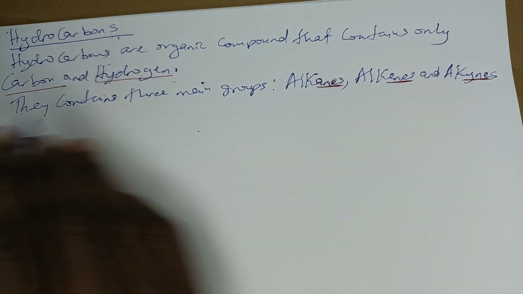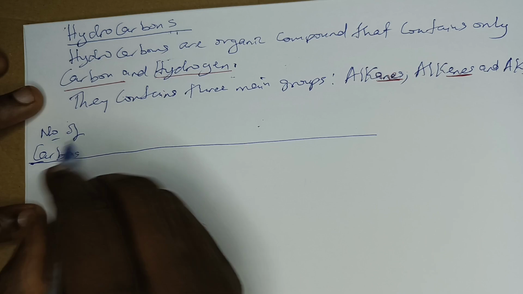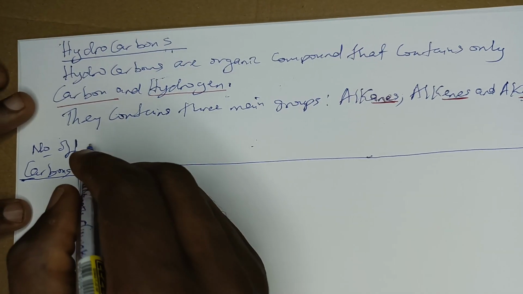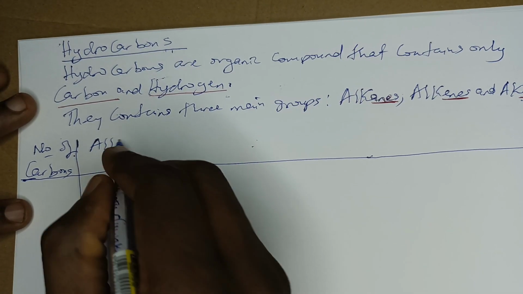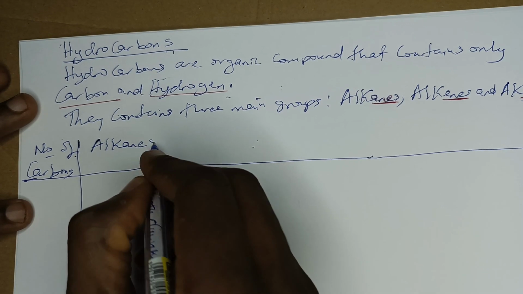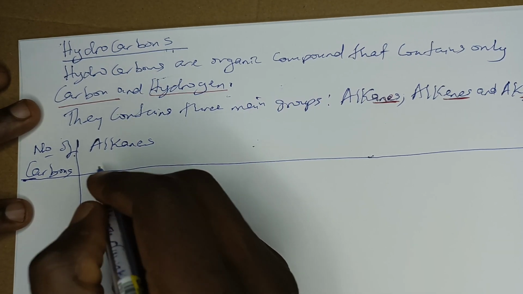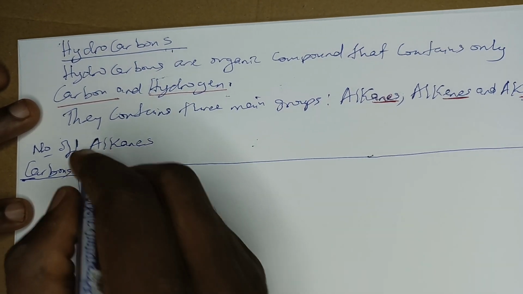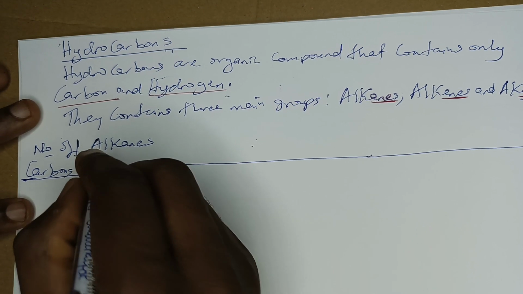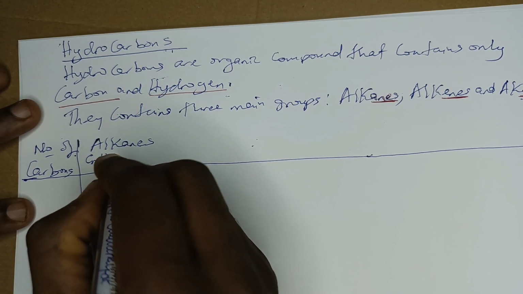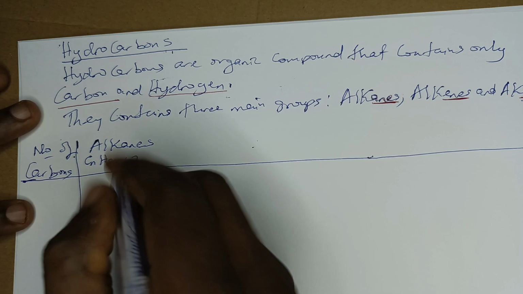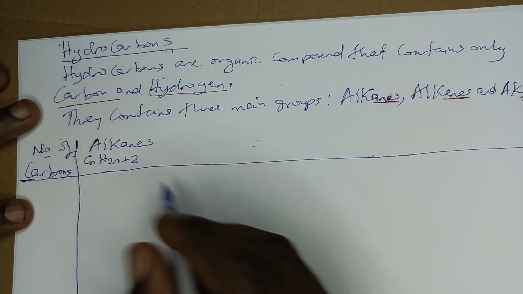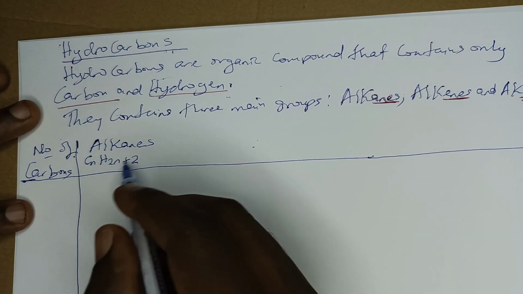Let's talk about their formula, the number of carbons. The alkanes have a general formula of CnH2n+2. Don't worry, we'll understand this as we go on.